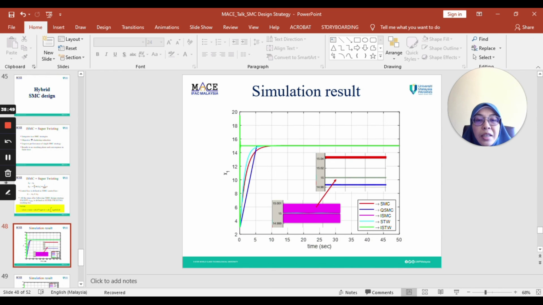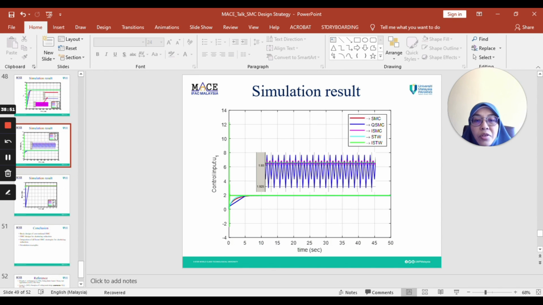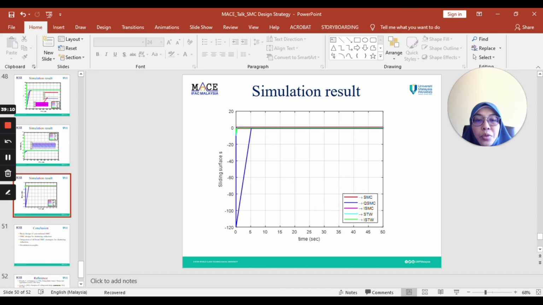This is for the control input. Basically we don't have any chattering for ISMC with super twisting. The same goes for the sliding surface.